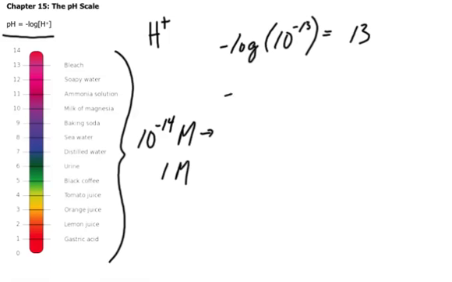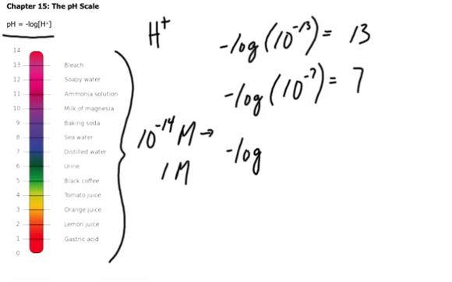Regular pure water has an H+ concentration of 10 to the negative 7, and the pH is 7. You go down to orange juice here, which has a concentration of 10 to the negative 3 H+, and you get a pH of 3.